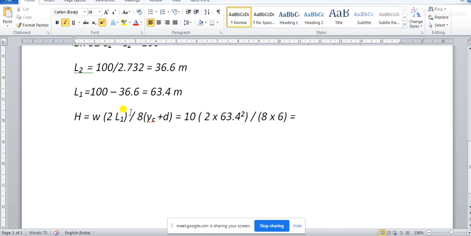If you are doing it in your copies, please correct it. It is W into 2L1 squared divided by 2L1 whole squared, so this will be 4 into L1 squared. Now tell me, is it correct now?